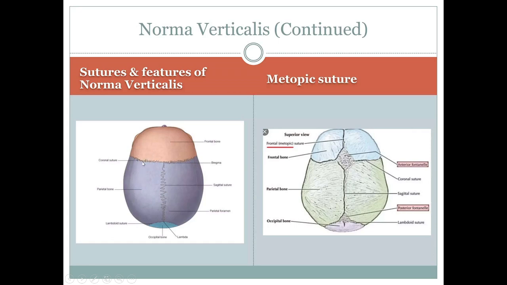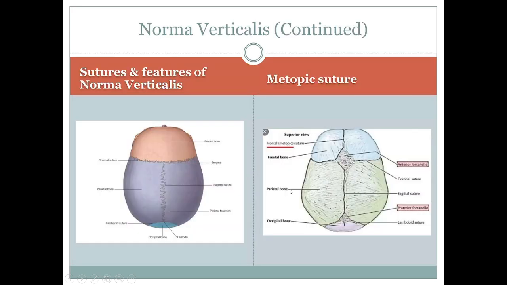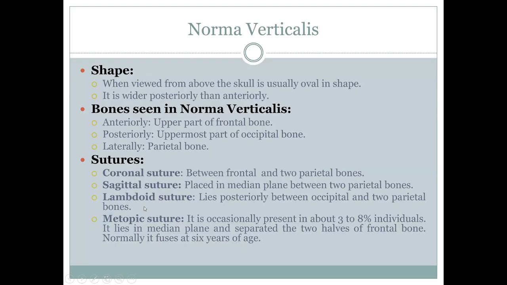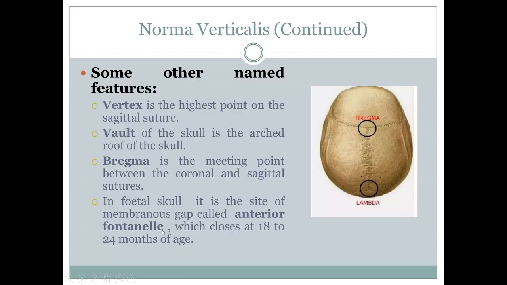Then the sagittal suture is placed in the median plane between the two parietal bones. It is the suture that joins the two parietal bones. Then the lambdoid suture lies posteriorly between the occipital and the two parietal bones. This is the lambdoid suture, present between the parietal and the occipital bone.